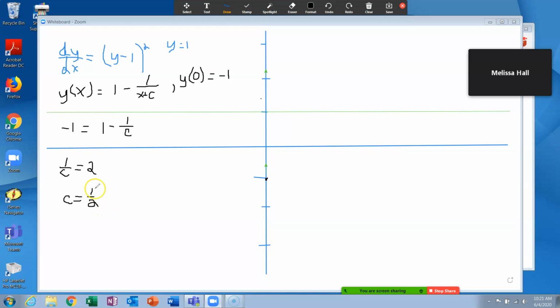So here is your solution then. y at any value for x, not just at that value, at any value for x, is equal to 1 minus 1 over x plus 1/2.